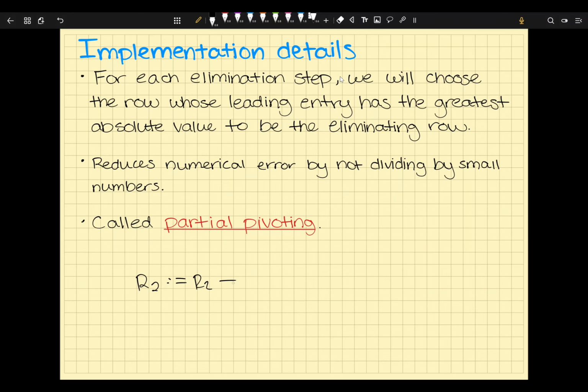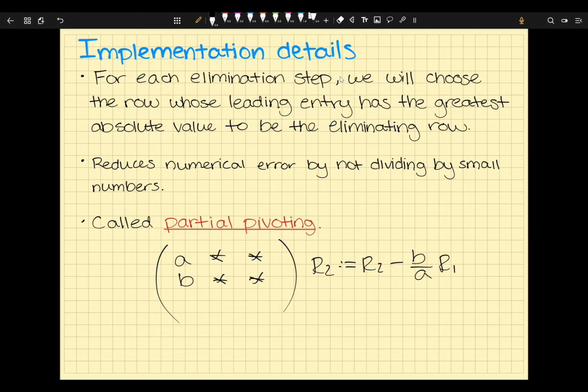Let me just write up a system here. If we want to eliminate in row 2, we redefine it so that we subtract away b over a of row 1.